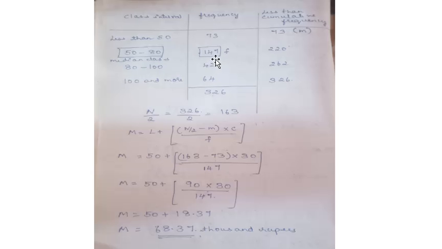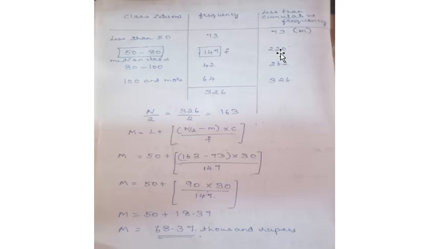Frequency is 147. Straight to the median class, whatever value is there in the frequency is considered as f. Then for the median class, the previous less than cumulative number is considered as m. So for the formula we need m, f and the median class.